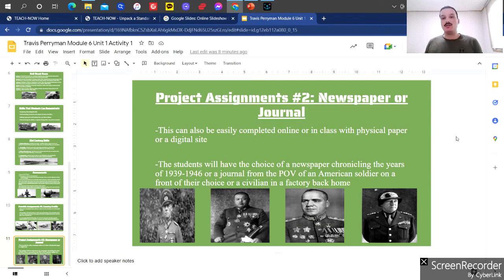And project assignment number two, it can be a newspaper or a journal. And this can be done on paper in class, or in the physical setting, or on a digital site, either in a physical class or on an online class. And the students will have the choice of making a newspaper chronicling the years 1939 to 1946.